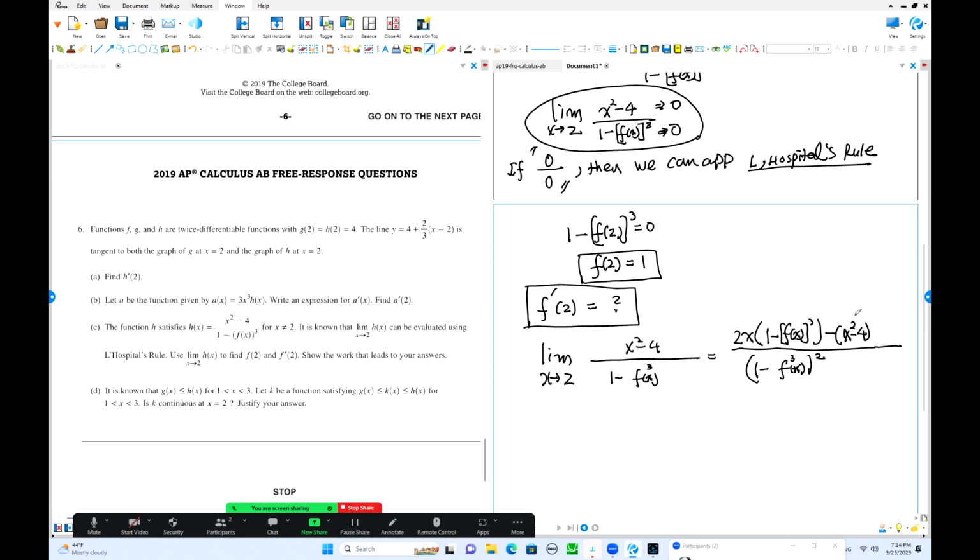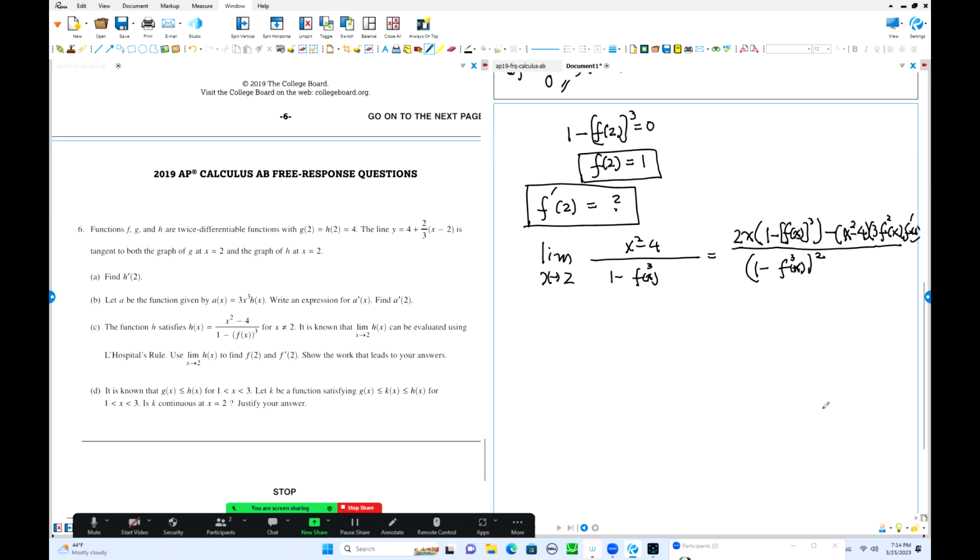The derivative of the denominator: 3 moves to the front, then f squared of x, and this is the chain rule, so you multiply by f prime of x. Now put the number 2 there. 2 times 2 is 4.